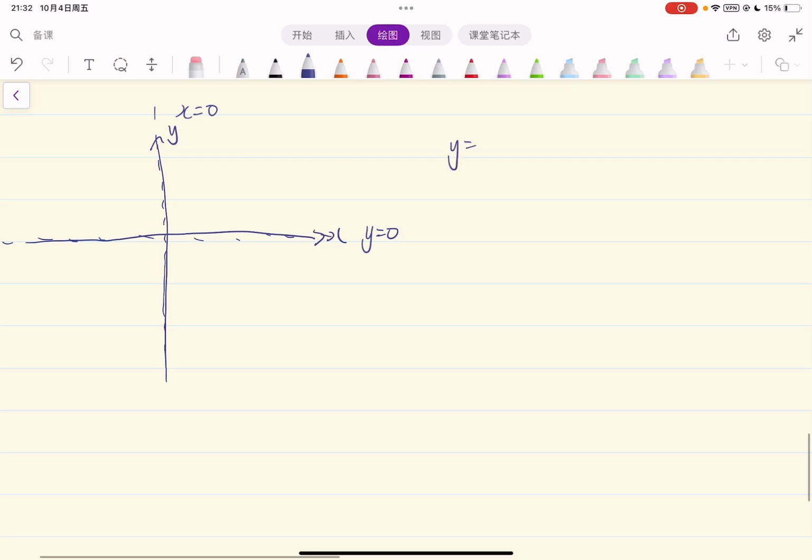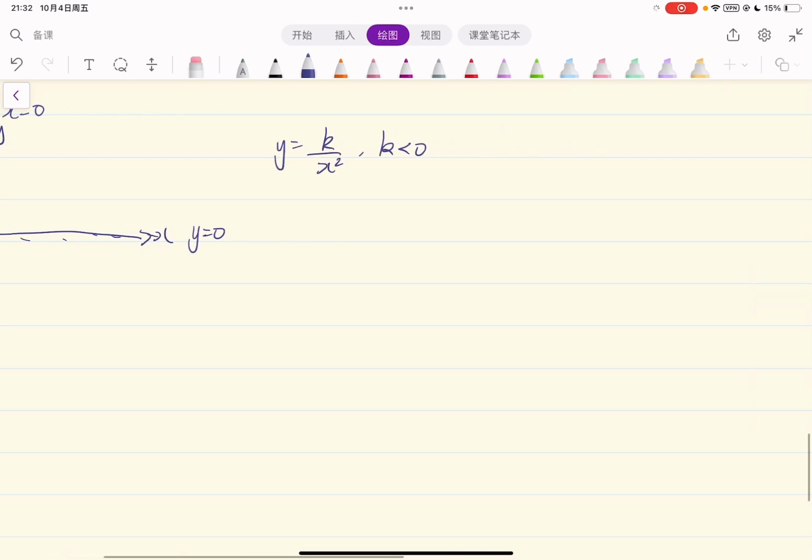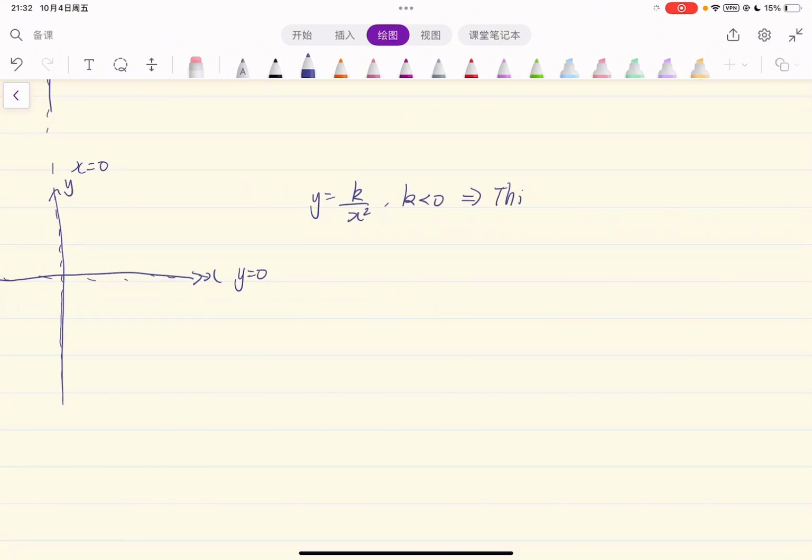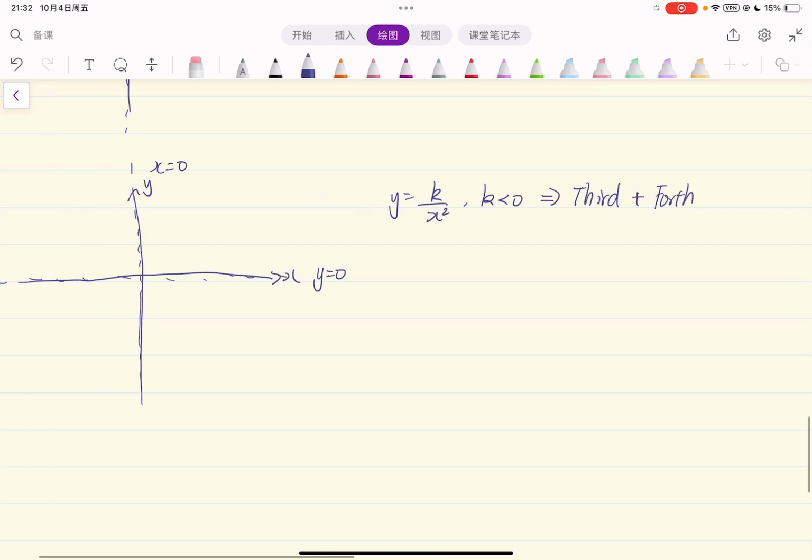So y equals k over x squared, k less than 0, implies that the curve is in the third and fourth quadrant.